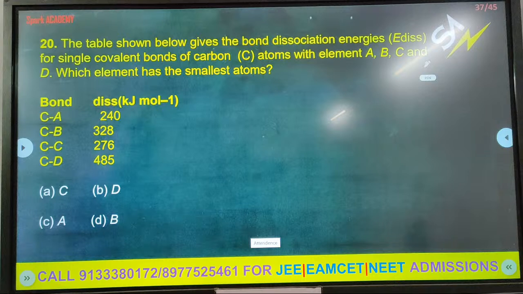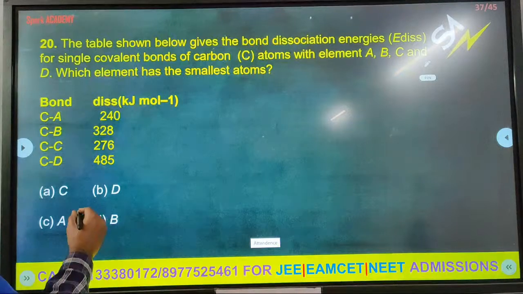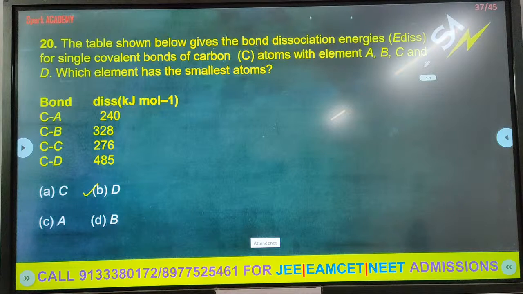Bond dissociation energies: A 240, B 328, C 276 and D 485. Elements A, B, C and D. Which element has the smallest atoms? So on that, bond dissociation energy is given. The answer is D. Why? Here the bond dissociation energy is high, so those atoms are very small, and then their bond length is less. So the answer is D.